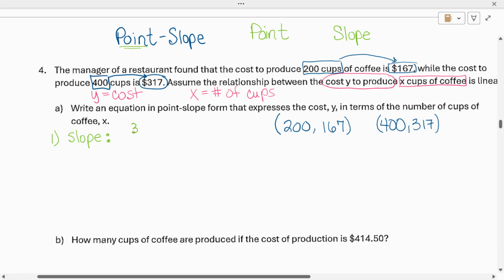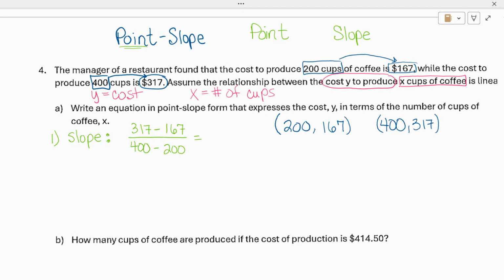Y sub 2, 317, minus Y sub 1, 167, over X sub 2, 400, minus X sub 1, 200. What is 317 minus 167? It's 150. What is 400 minus 200? Can we reduce that? What is 150 divided by 200?